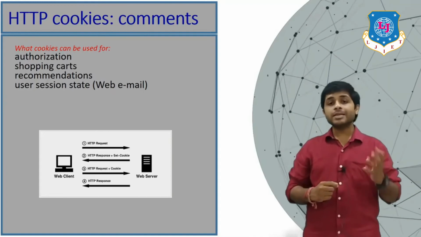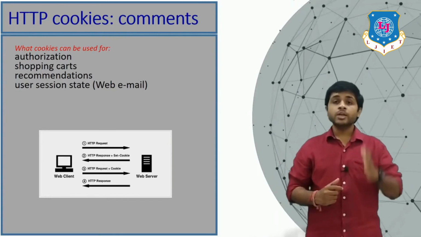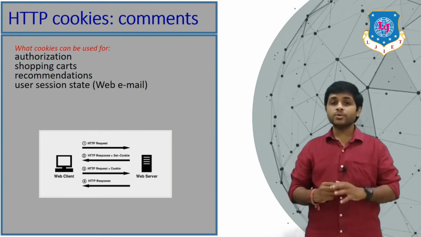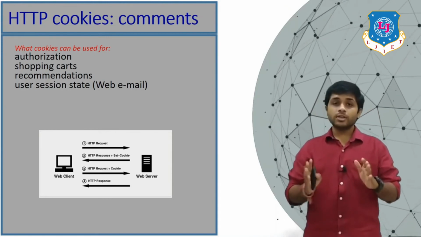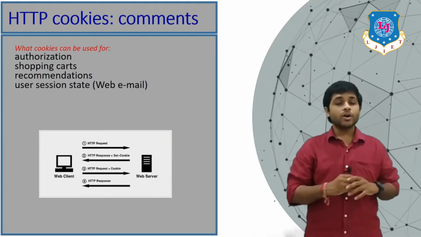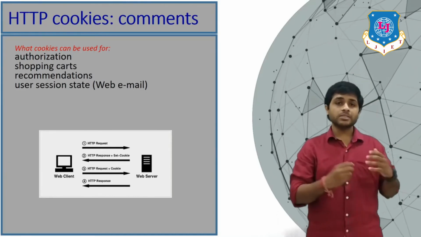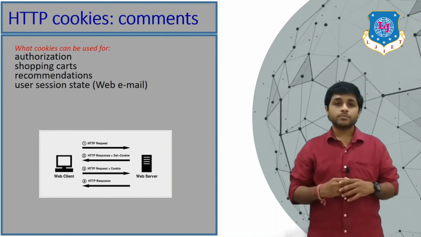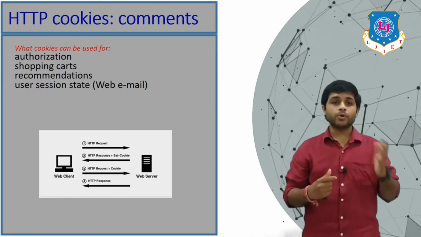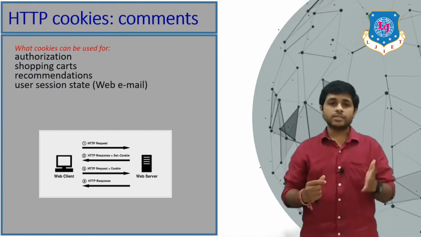So when you try to access another website, some websites can access those cookies, and from those cookies they will know that the user is interested in this particular product, so let me show him this product, or some products related to it, meaning the interest the client has. Using cookies, there are many advantages it provides: authorization, shopping carts, recommendation, and user session state.